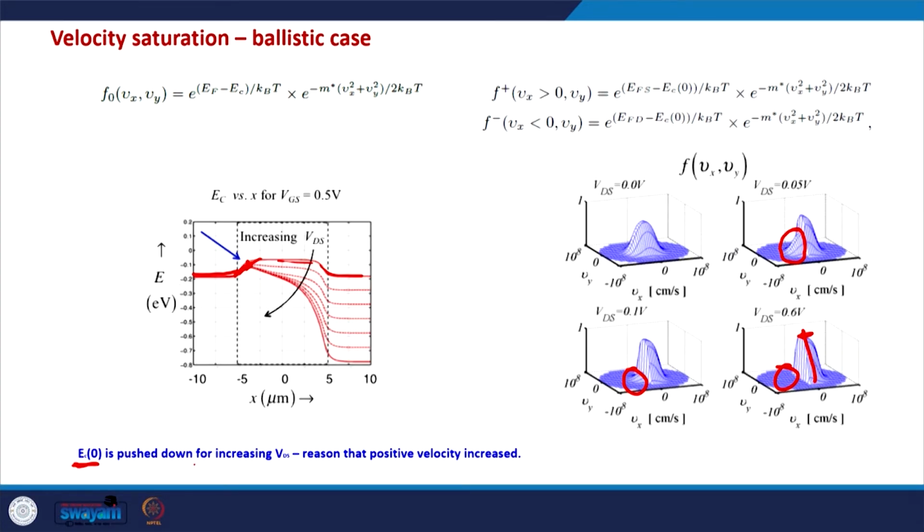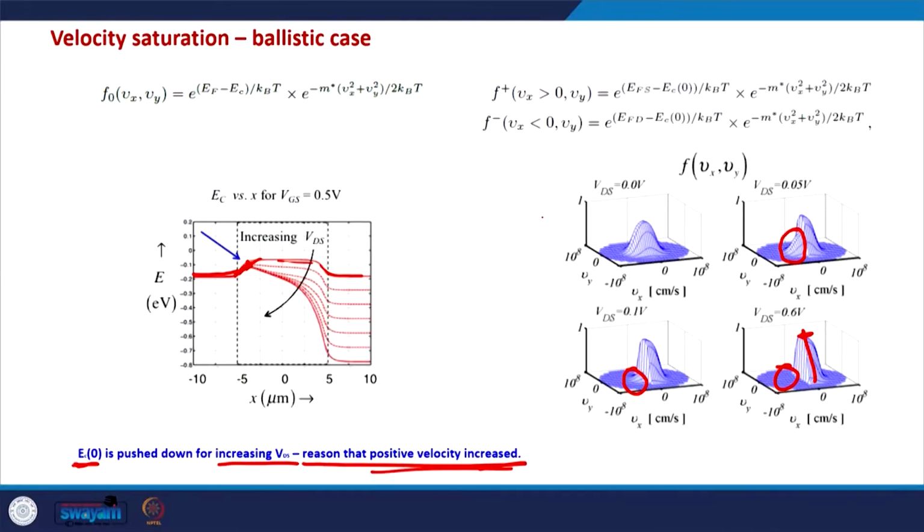This is pushed down for increasing VDS, and that is to increase the positive velocity electrons, or in other words, to increase the charge in the channel or to compensate for the charge loss in the channel because of the absence of the negative velocity electrons. So I hope these two ideas, velocity saturation and barrier changing because of this velocity saturation, are now clear.